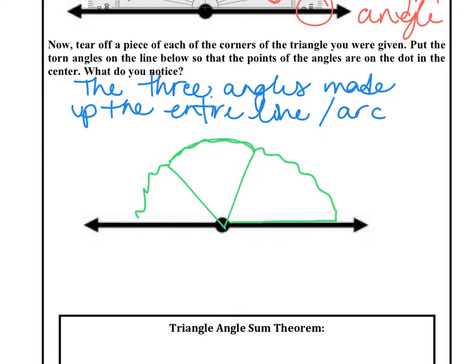They completely took up the straight angle. And so the triangle angle sum theorem, which is a really long way to say it, all it says is that because this entire angle, this whole thing, is 180 degrees.